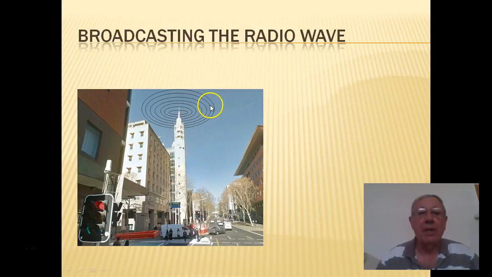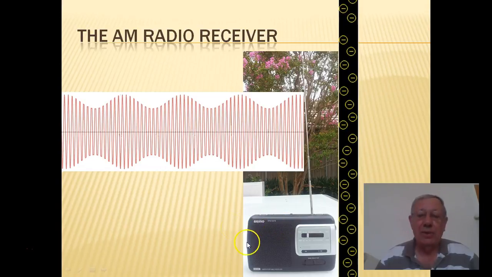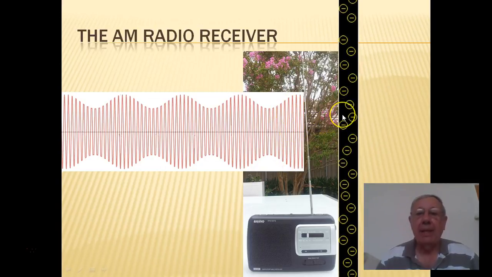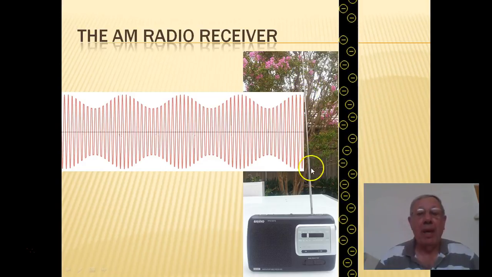So the radio waves then extend out, they keep traveling out, and eventually come to somebody like me who's got a radio like this. And here is the carrier wave along with the sound wave on it. And when it hits the aerial, so here's the aerial here, what happens is that these hertz, this electromagnetic radiation, has the effect of making the electrons in the metal here move backwards and forwards.